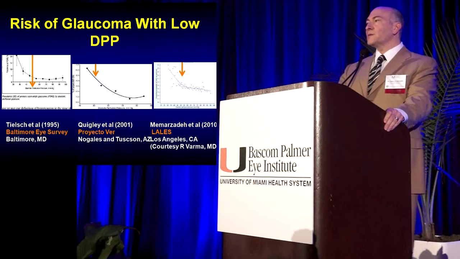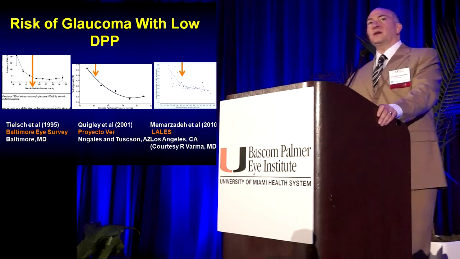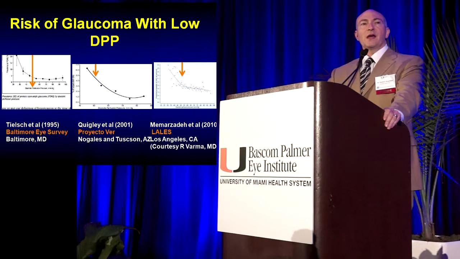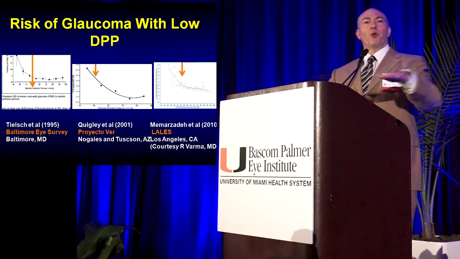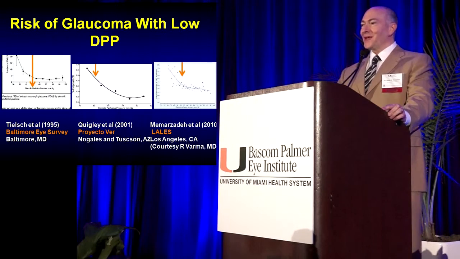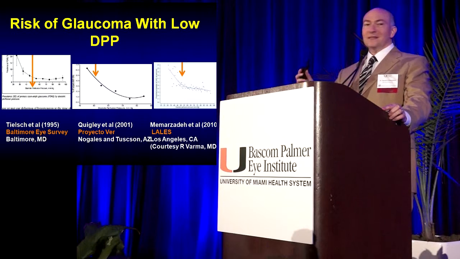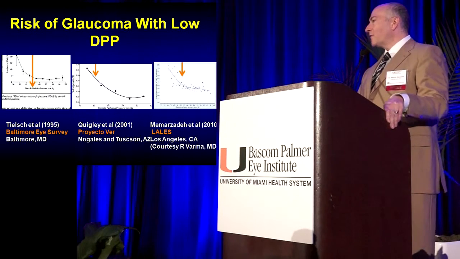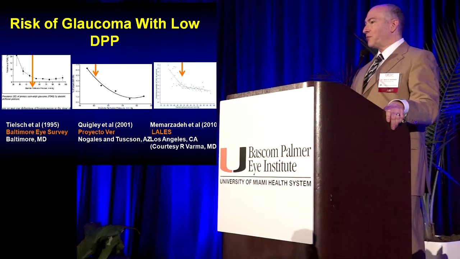And what's remarkable, looking at these 3 illustrations, is that they almost line up like a mirror image of one another. And if you look at the tipping point, Joel likes the phrase tipping point, so I'll use that in honor of Joel, the tipping point is somewhere around 50 millimeters of mercury for the diastolic perfusion pressure.